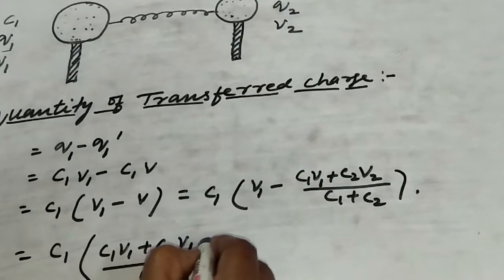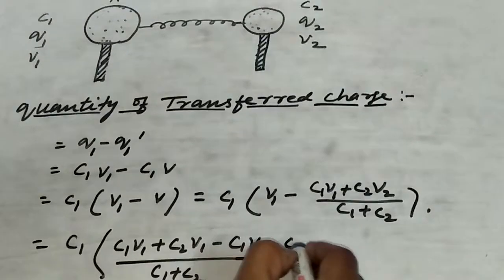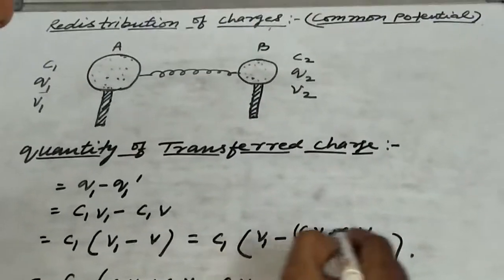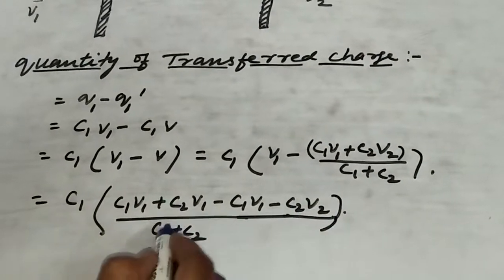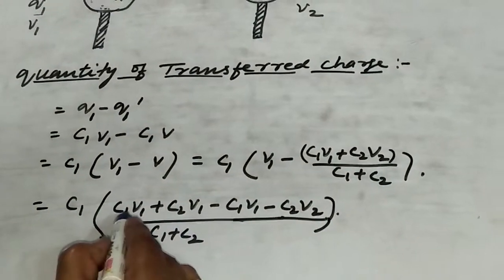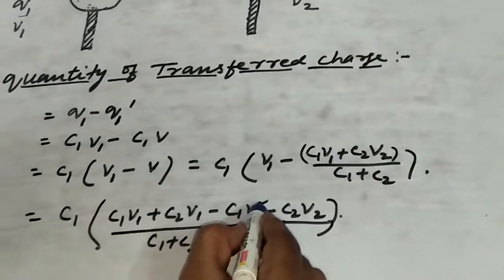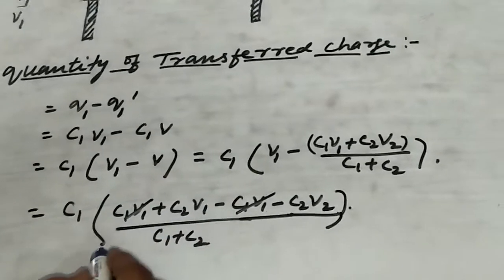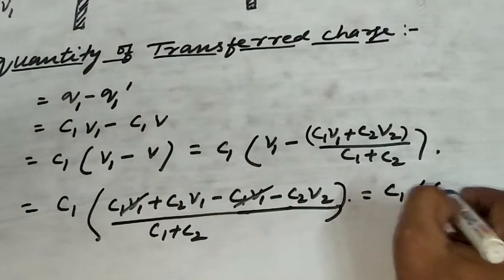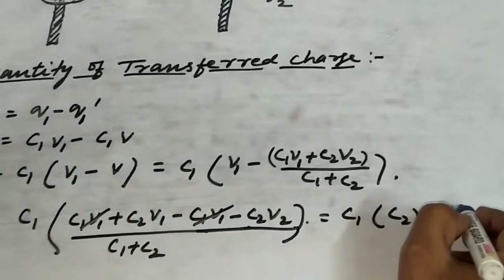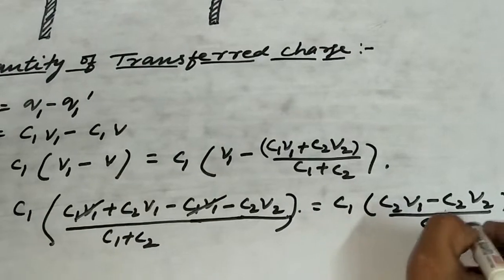C2V1 minus C1V1 minus C2V2 upon C1 plus C2. Now here C1V1 and minus C1V1 both cancel. And you will get C1 times C2V1 minus C2V2 upon C1 plus C2.